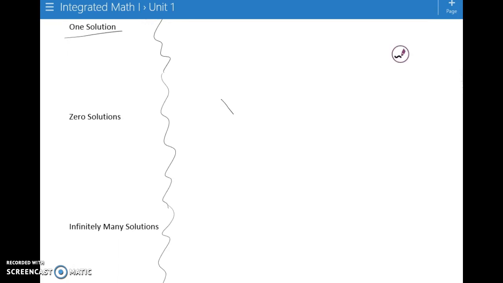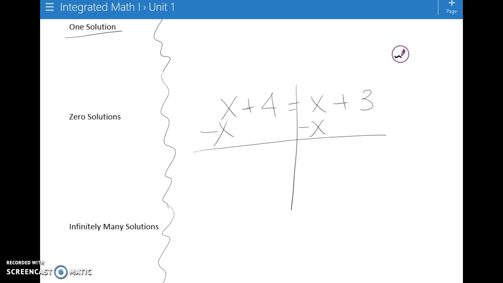So here we go. x plus 4 equals x plus 3. Notice I have variables on both sides, so I want to get the variables on one side, right? So I'm going to subtract x on both sides. I'm subtracting because it's a positive x. Let's see what happens. x minus x is 0, so that goes away. So I'm left with 4 equals.